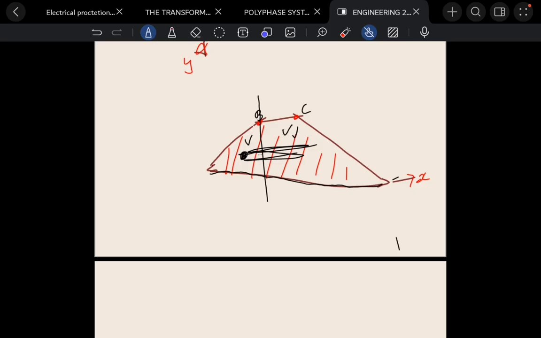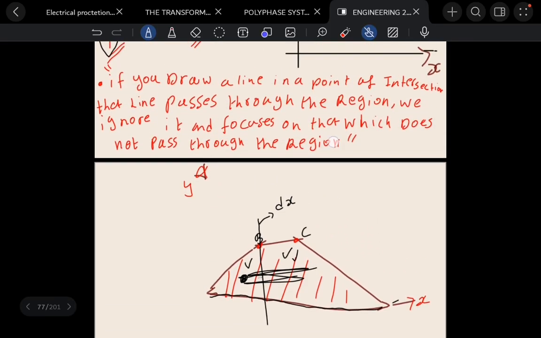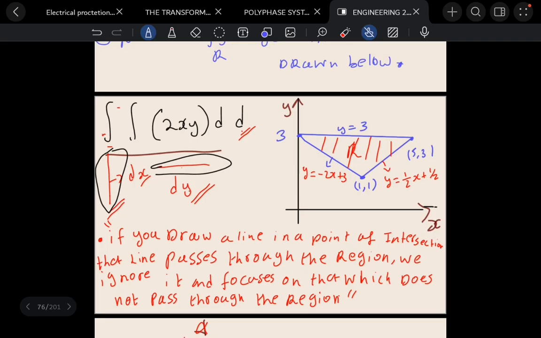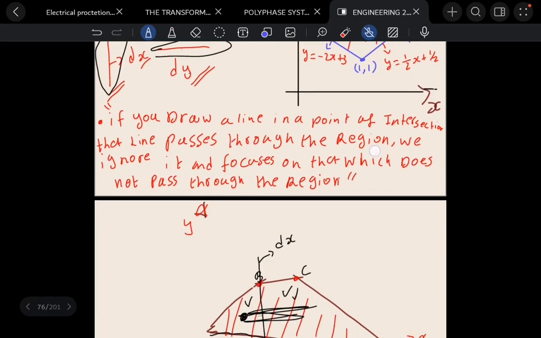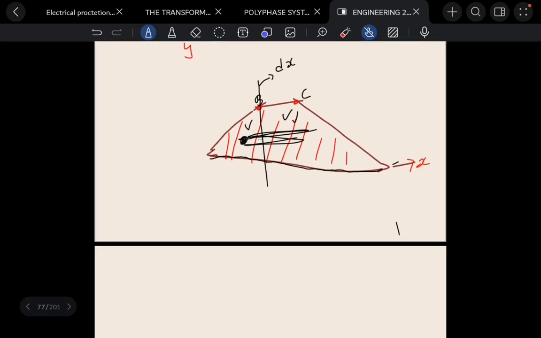So in this case, we say the vertical line is dx, right? In this case, when we come to this equation, we will not put a dx here. Why are we not putting a dx there? Because when we draw a vertical line there, it divides the region.